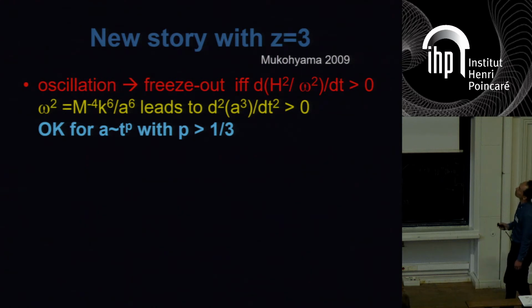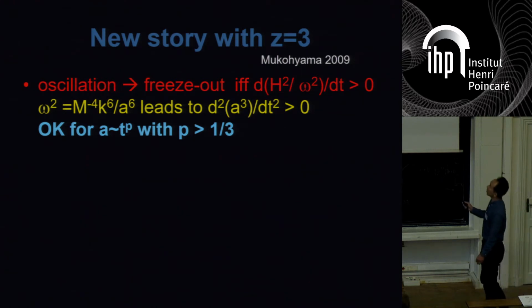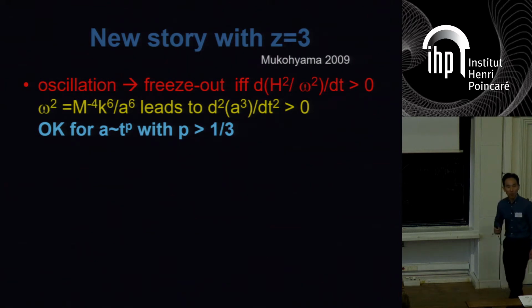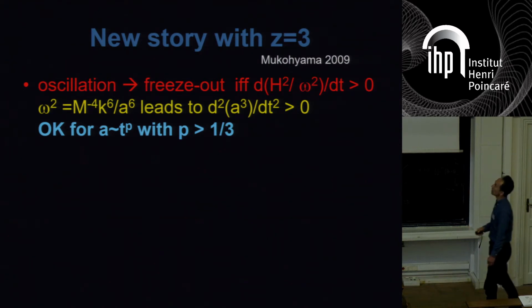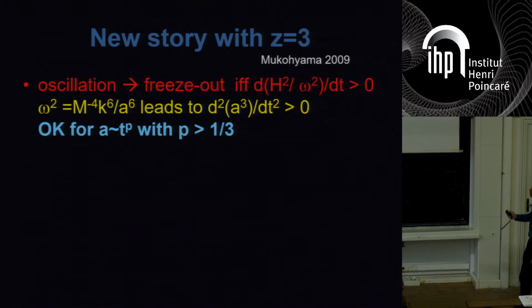But if z equals 3, the dispersion relation is different. z equals 3 means that time is the cube of space, meaning that omega squared must be proportional to k to the 6 divided by a to the 6. By plugging this in here, what we get is this. The second derivative of the volume of the universe should be positive.